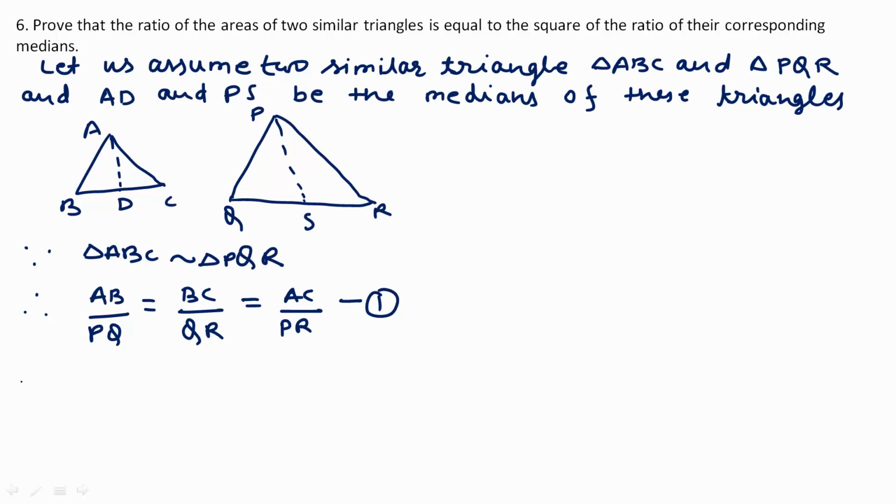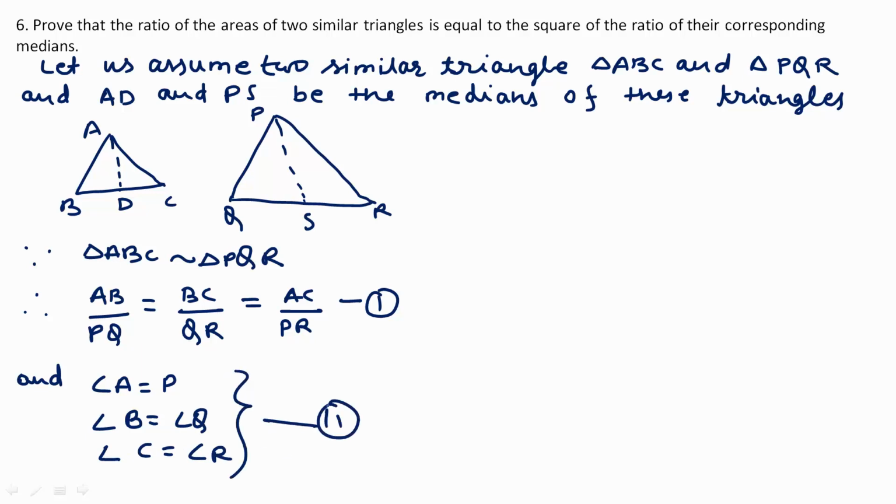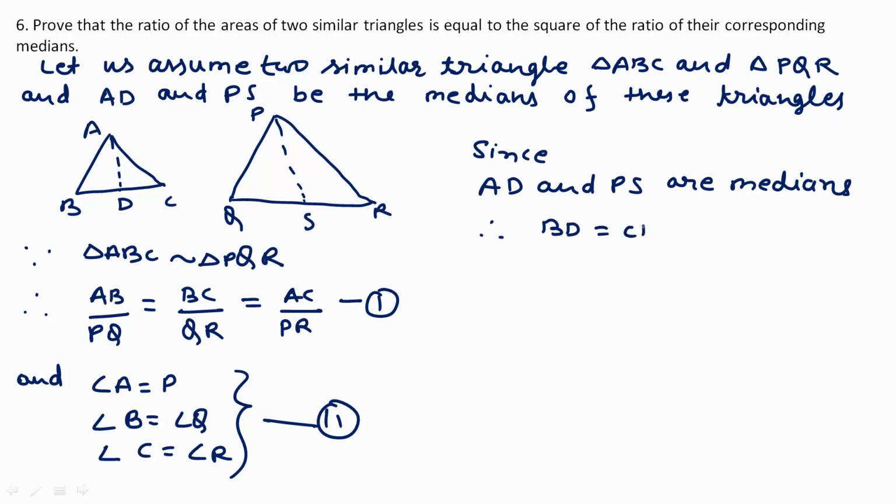And angle A is equal to angle P, angle B is equal to angle Q, and angle C is equal to angle R. This is your number second, because both triangles are similar. Since AD and PS are medians, therefore BD is equal to CD.